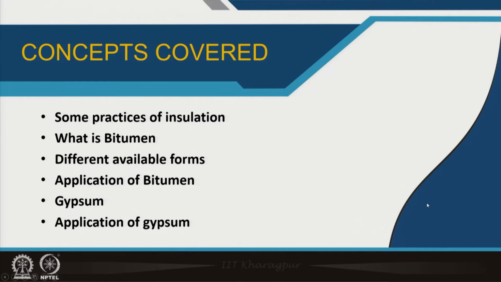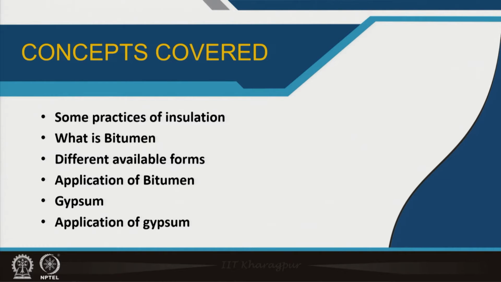So, we will see some practices and gradually move to bitumen, as we had seen the application of bitumen widely in damp proofing. We need to know what that material actually is and how it is available in its different forms, which opens up its applications, and we had also seen its application in damp proofing.